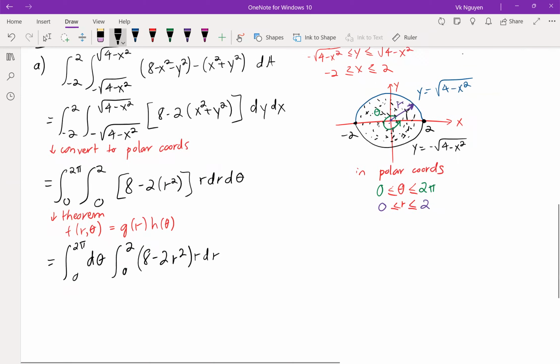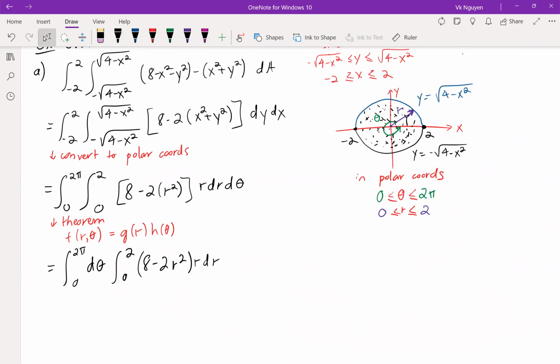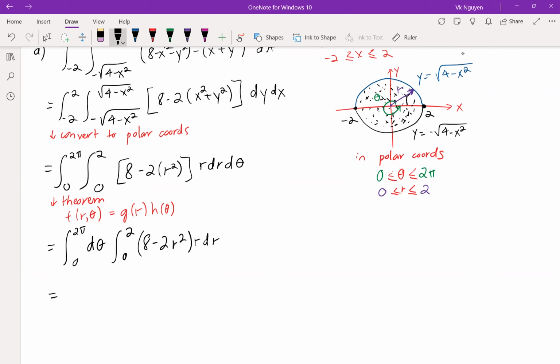It's up to you. You can use the u sub or you can use anything here. It doesn't matter. Right? So there's just 2 pi right here. And I would prefer to distribute here instead of using the u sub.